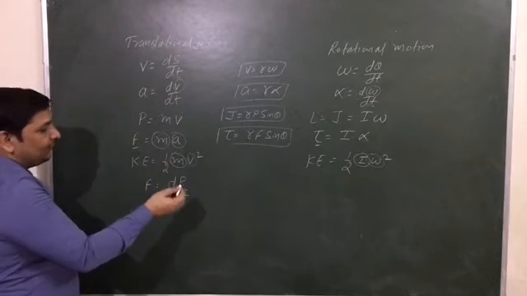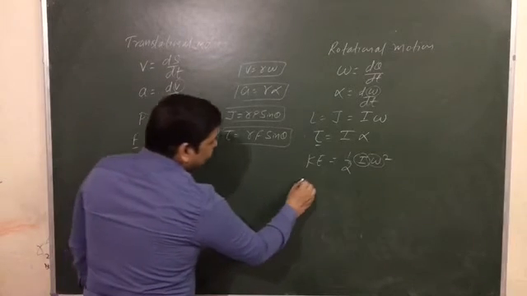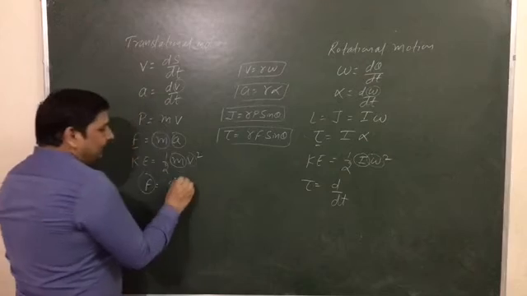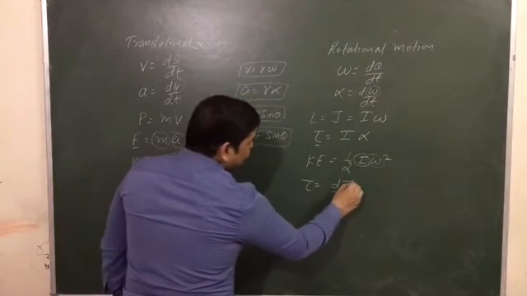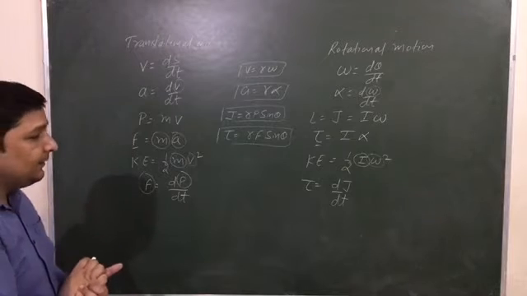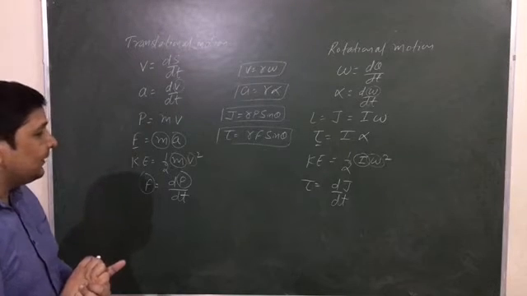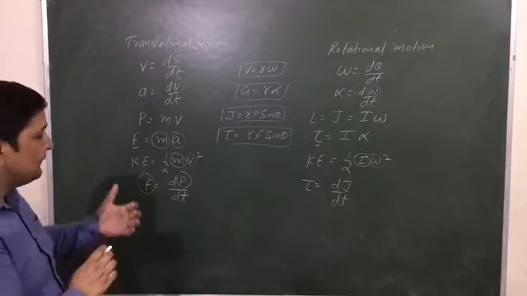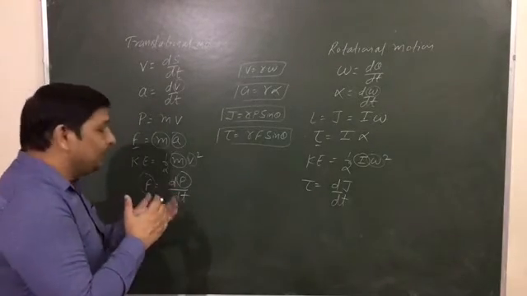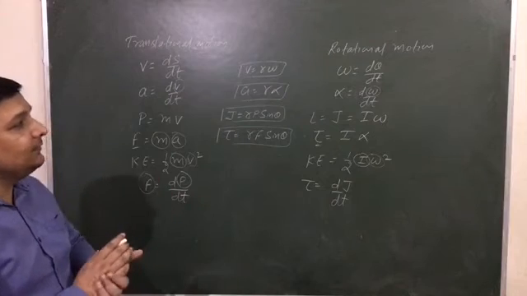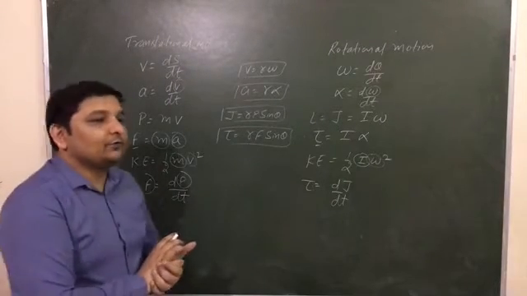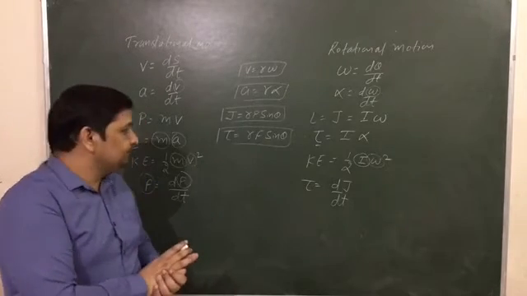But in rotational motion, force is replaced by torque and linear momentum is replaced by angular momentum: torque is dJ by dt. In translational motion, force is given by the rate of change of linear momentum, and in rotational motion, torque is given by the rate of change of angular momentum.